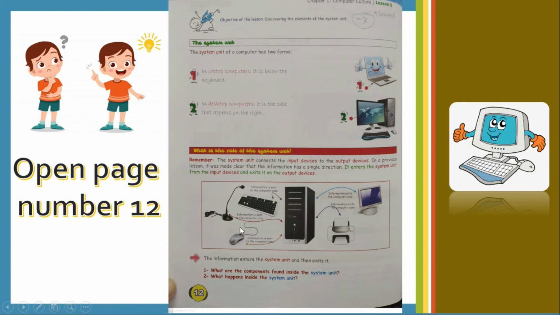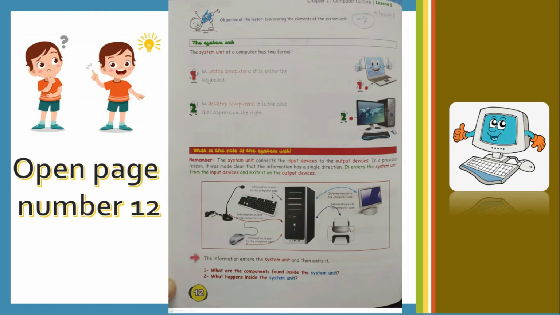The mouse enters the information inside the computer case or the system unit and it goes out to the screen or printer. The information enters the system unit and then exits it.